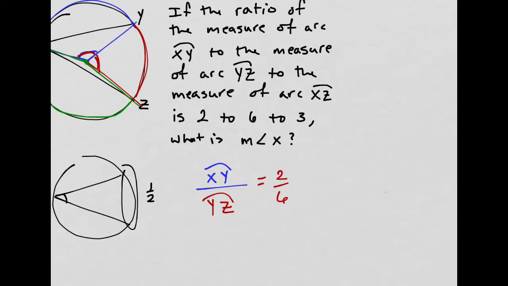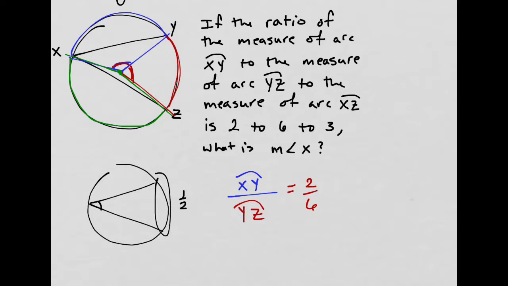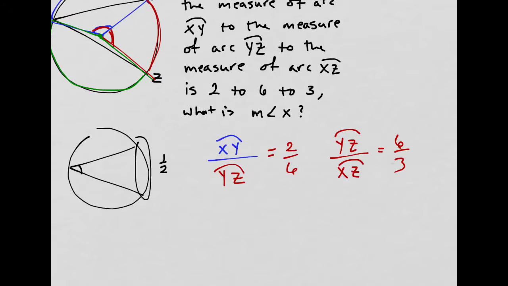And for yz divided by xz, I should get 6 over 3. So I don't know what the actual arc measure is, which is in degrees, but I know that it reduces to this.